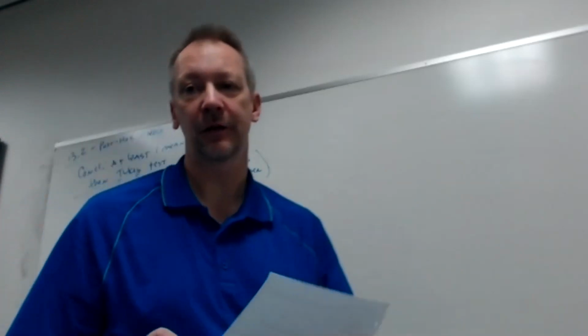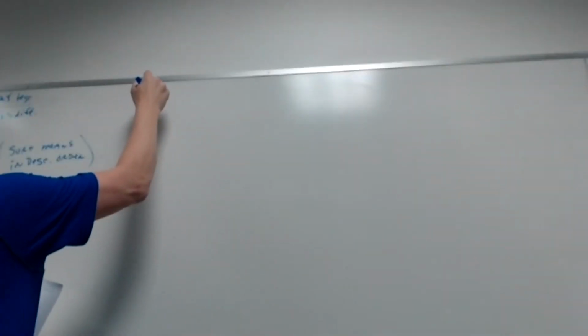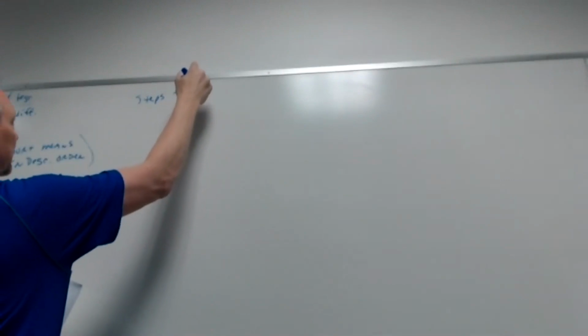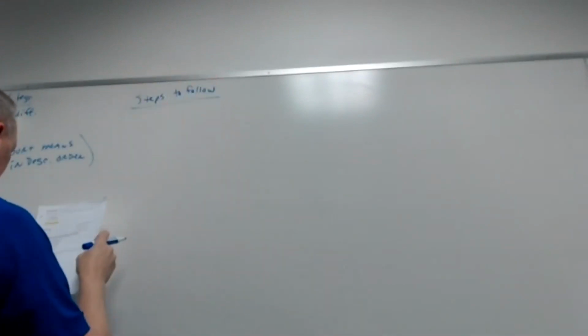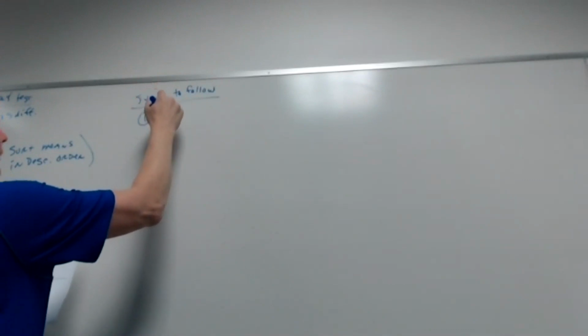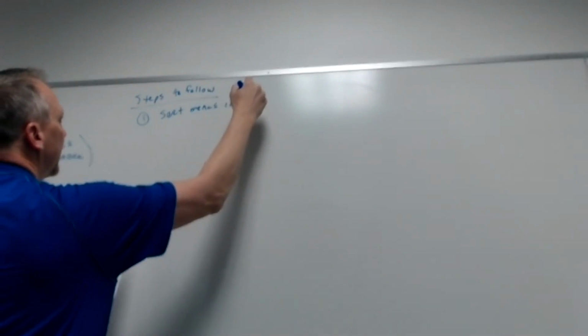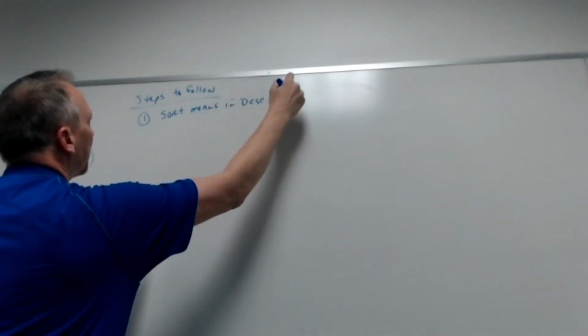Here's what I would like to do: keep going here, and I'm going to give you the steps to follow. Number one, as I alluded to earlier, you're going to sort your means in descending order.